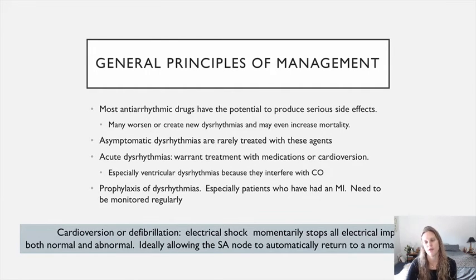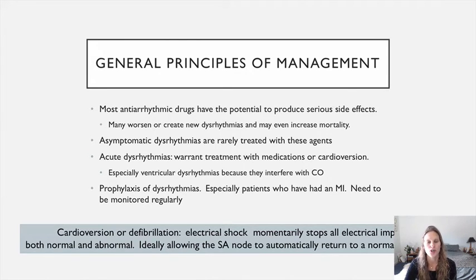If you remember in the beginning part of our introduction to the cardiovascular section, we talked about reentry abnormalities being quite common. A reentry abnormality is oftentimes the type of conduction issue that we see with myocardial infarction. So these are people who oftentimes are put on one of these medications prophylactically to minimize the chances of that happening. And we'll talk about which drugs are most likely used for that situation.